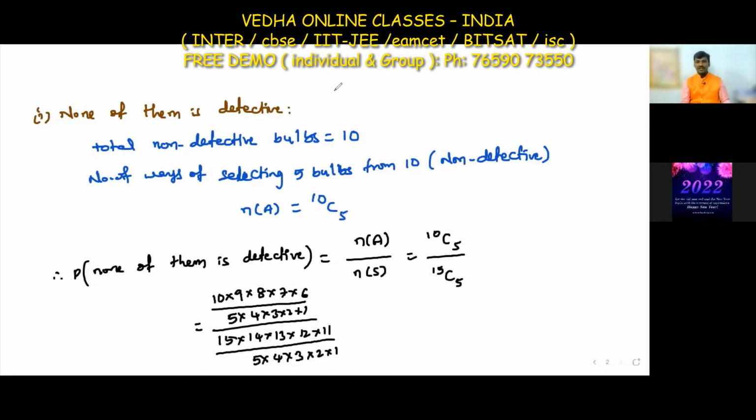Now 5, 4, 3, 2, 1 cancels with 5, 4, 3, 2, 1. After that cancel the other terms.